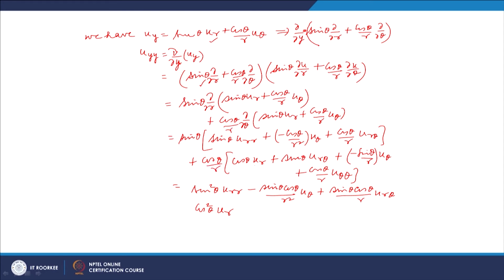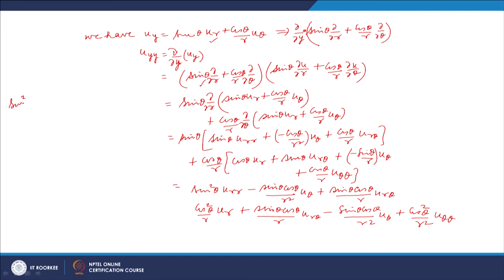So we get cos square theta over r u r, then sin theta cos theta over r u r theta, and then minus sin theta cos theta over r square u theta, and then cos square theta by r square u theta theta. Okay.